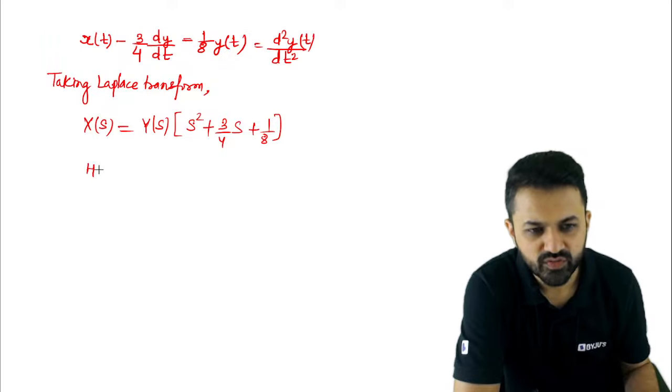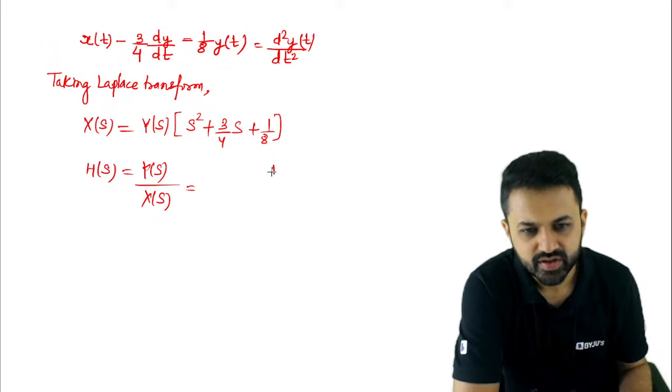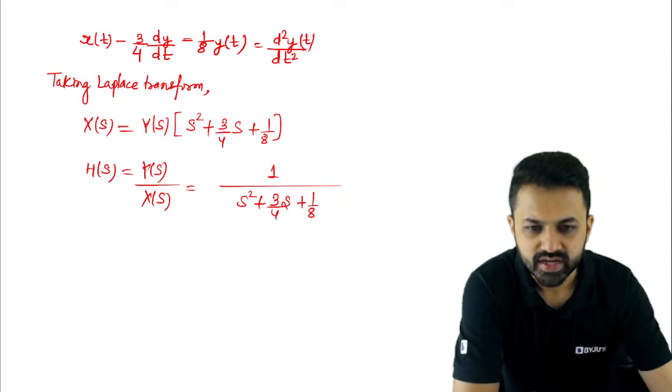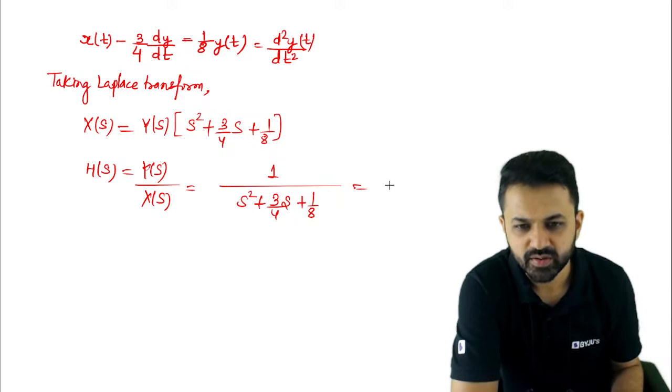So H of s, which is Y of s divided by X of s, will become 1 upon s square plus 3 by 4 s plus 1 upon 8. Right? Now we have to perform the partial fraction.